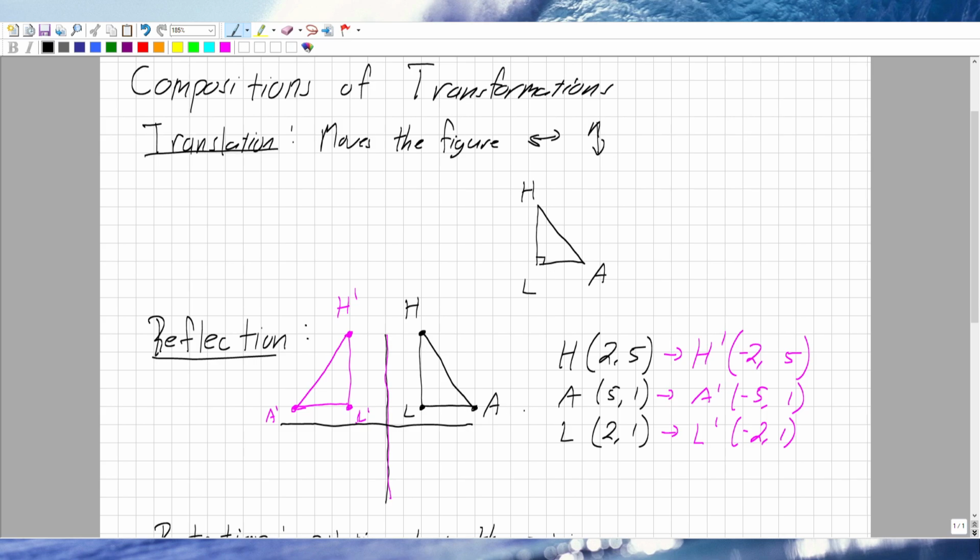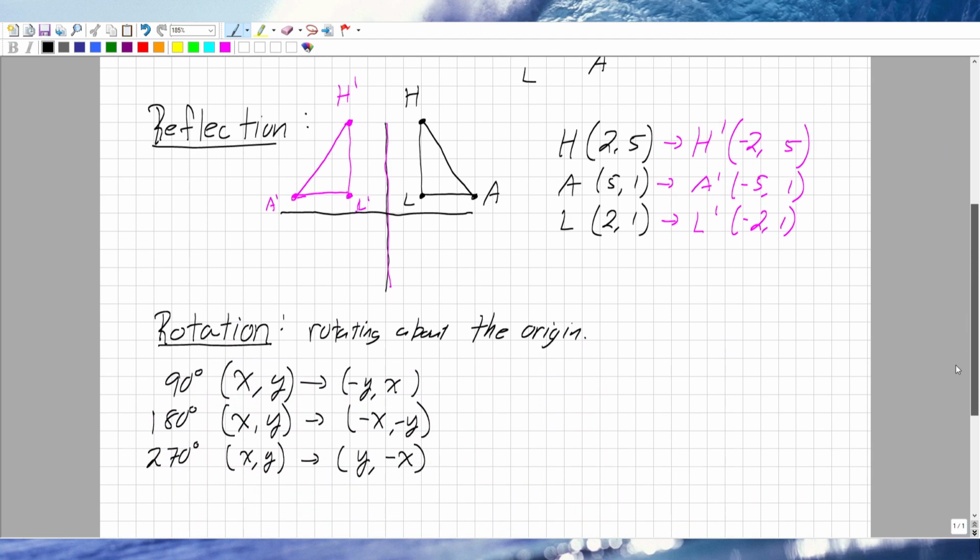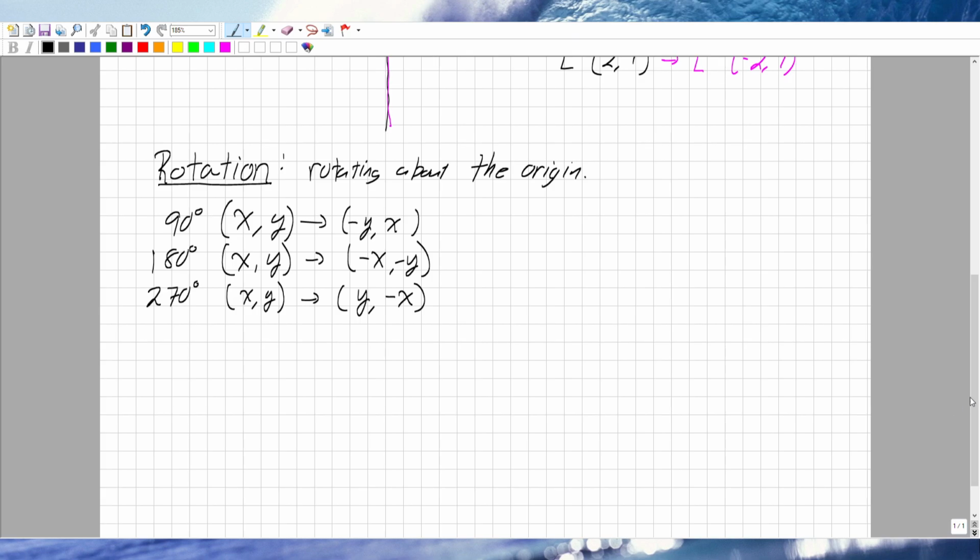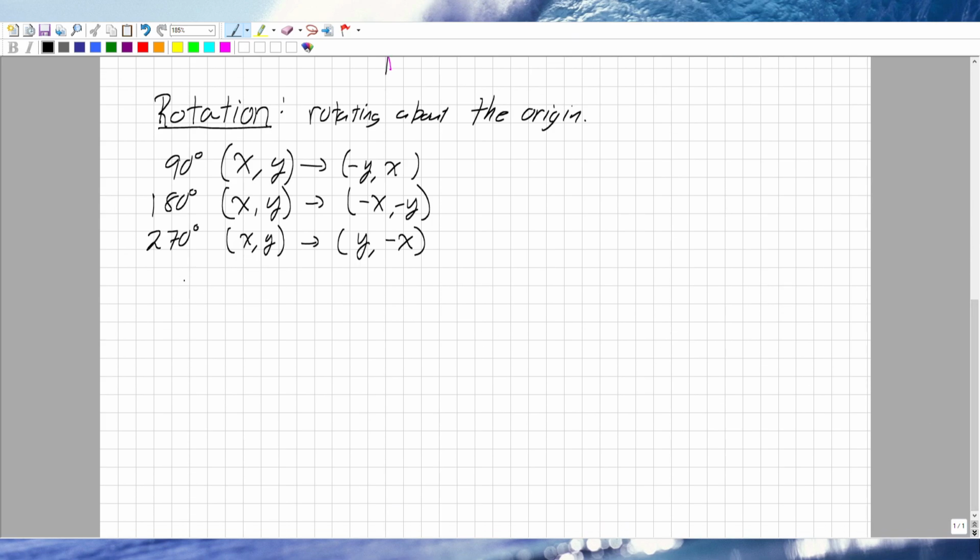Well, for today's lesson, instead of just doing translations, instead of just doing reflections, instead of just doing rotations, we're going to have multiple transformations done to our beautiful shapes and try to figure out what happens to them. And yes, you can do this. You can have multiple transformations take place.